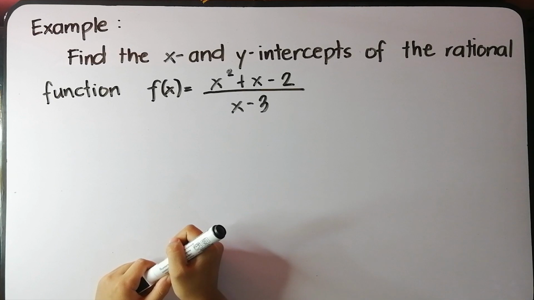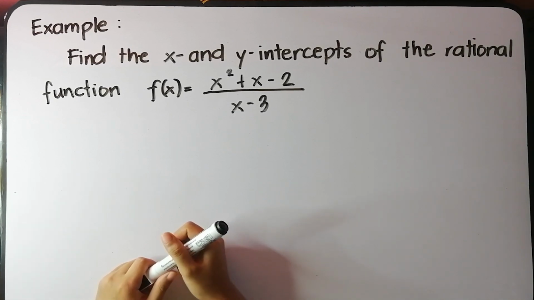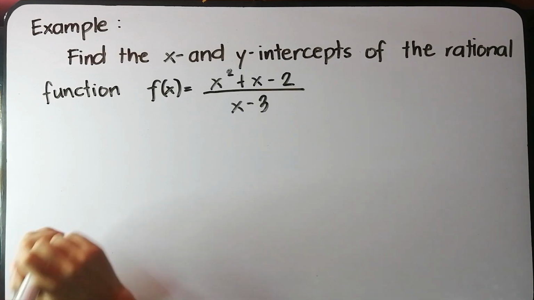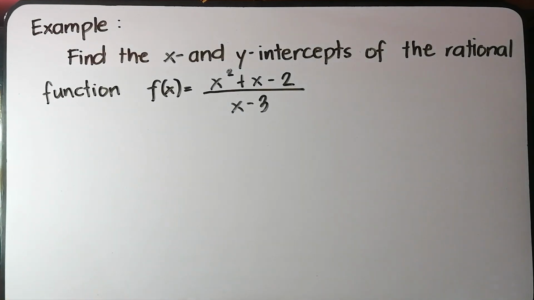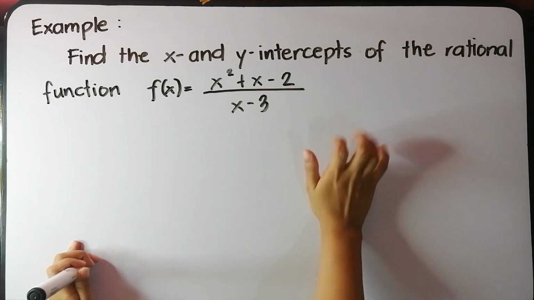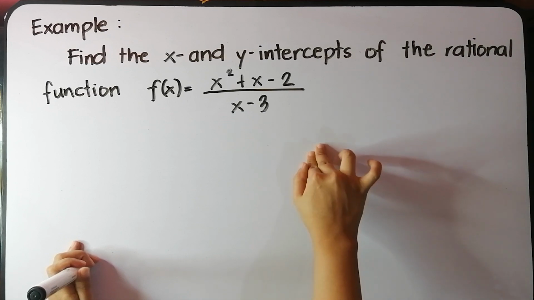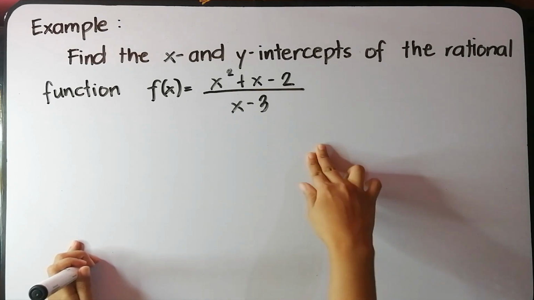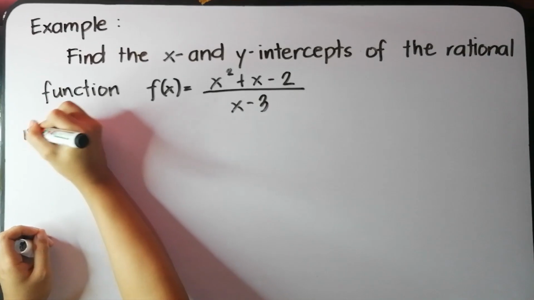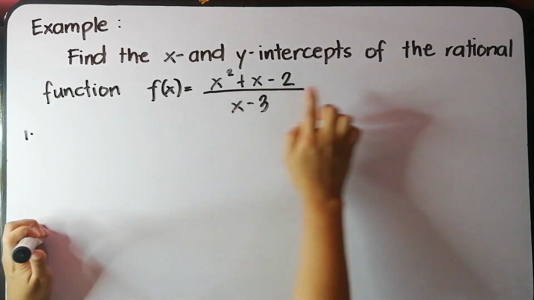We have three steps. First, express your given rational function in its lowest term: factor both your numerator and denominator, simplify, and remove common factors.